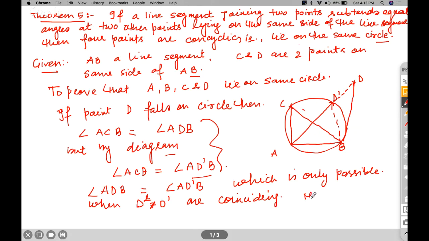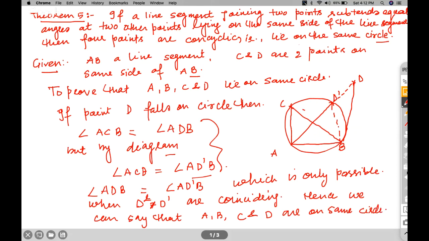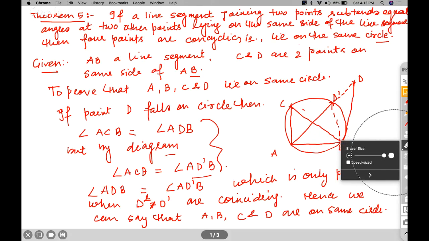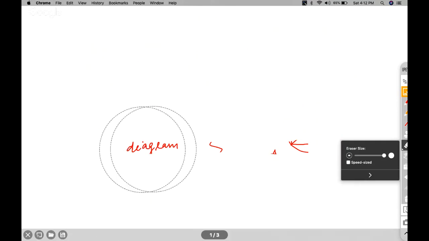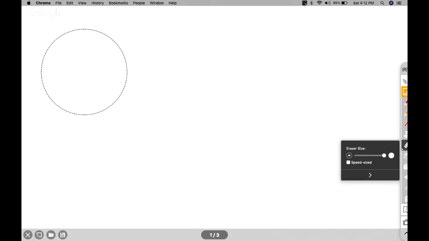And hence we can write that A, B, C, and D are on same circle.